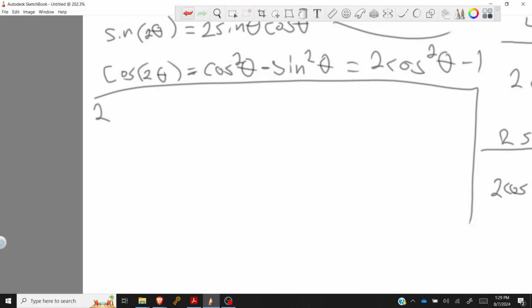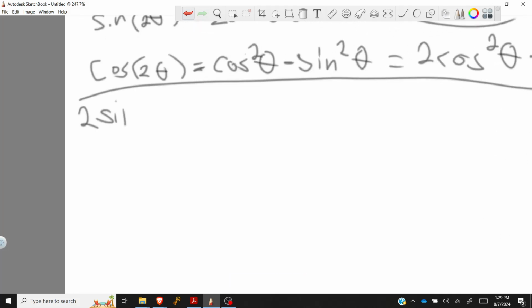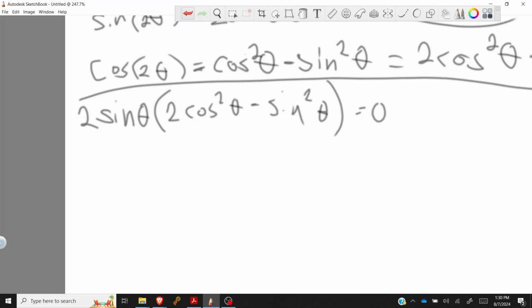We have 2 sine theta times 2 cosine theta, cosine squared theta minus sine squared theta, and that equals 0. So we need this term to equal 0 or this term to equal 0.